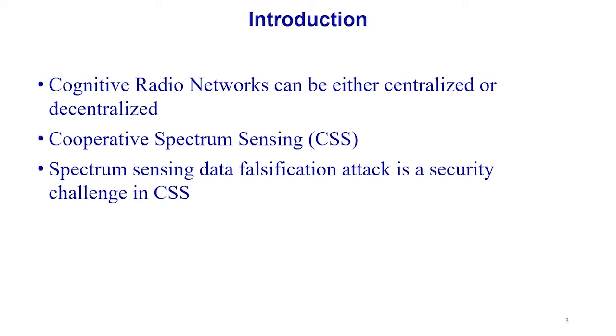Cognitive radio networks were proposed by Joseph Mitola as a solution to the problem caused by the ever-increasing number of wireless network users. The technology works by allowing what are called secondary users to opportunistically make use of underutilized radio spectrum.